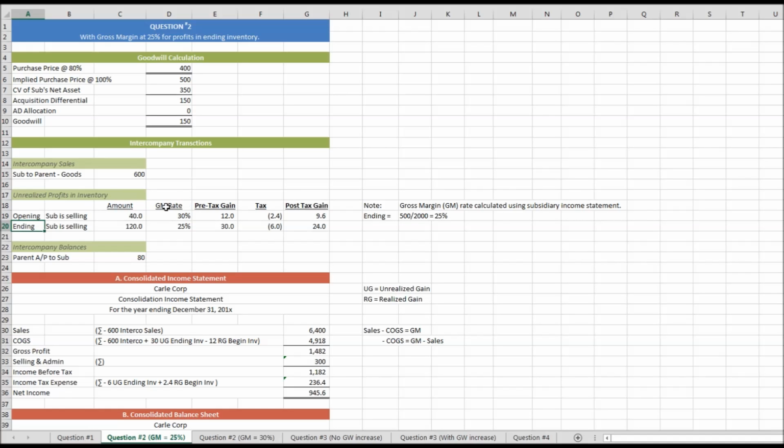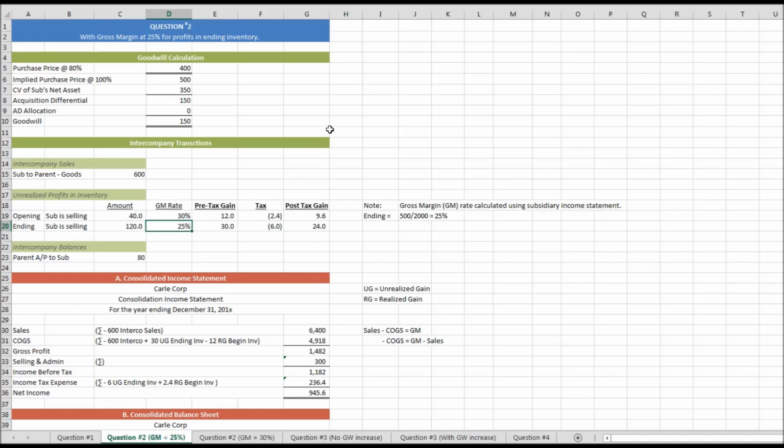So we need to figure out what the profit or the gross margin is on this inventory. In the previous year, they had provided us 30%, and it explicitly stated in the question that we had to use 30% for the previous year, but it didn't say anything about the current year.